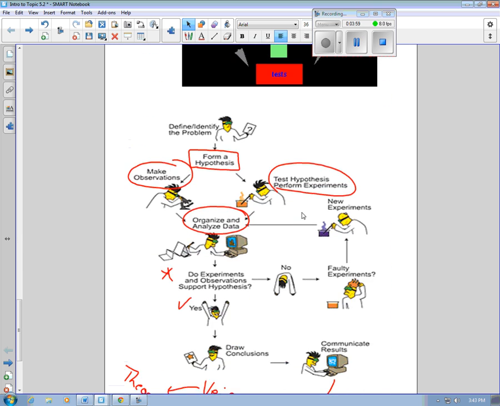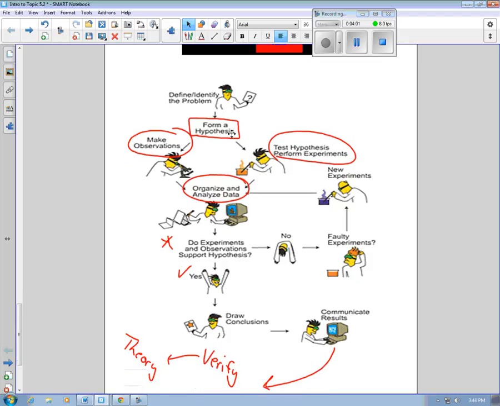Next, we looked at how theories are developed. Here's a flow chart that works for explaining that. It usually starts with identifying some problem, and then a hypothesis is formed on that problem. A test is done, observations are made, and the data is organized and analyzed. And then the big question becomes, do the results of the experiment and observations support the hypothesis?